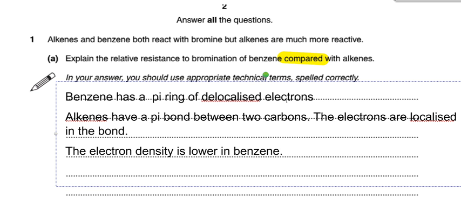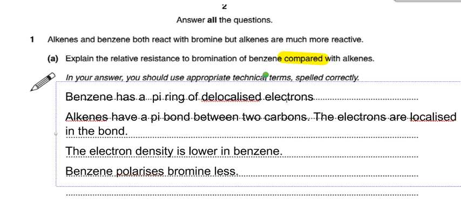Generally, benzene doesn't polarize that electrophile as much, and it's another key word, polarize. You could also use the word attracts, so benzene attracts bromine less, or benzene induces a weaker dipole. But I think we can go with here: benzene polarizes bromine less. And there you have your 4 marks.